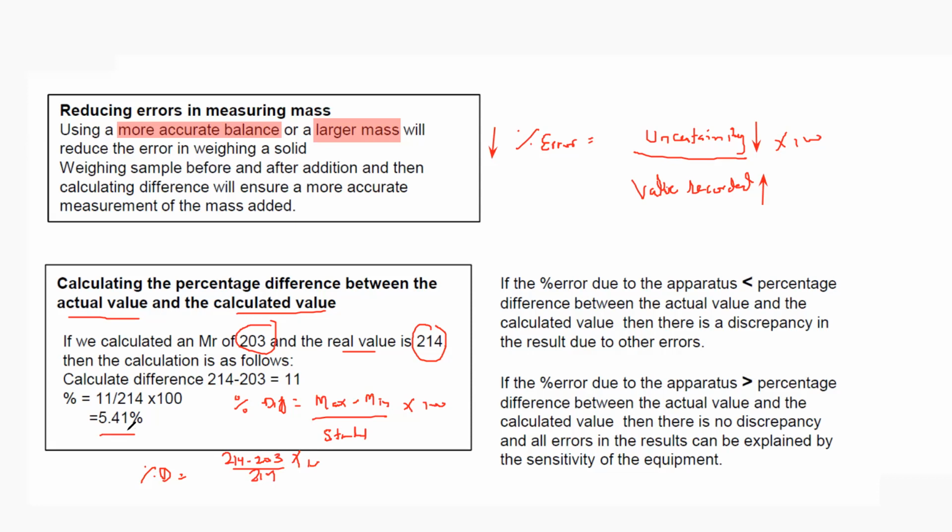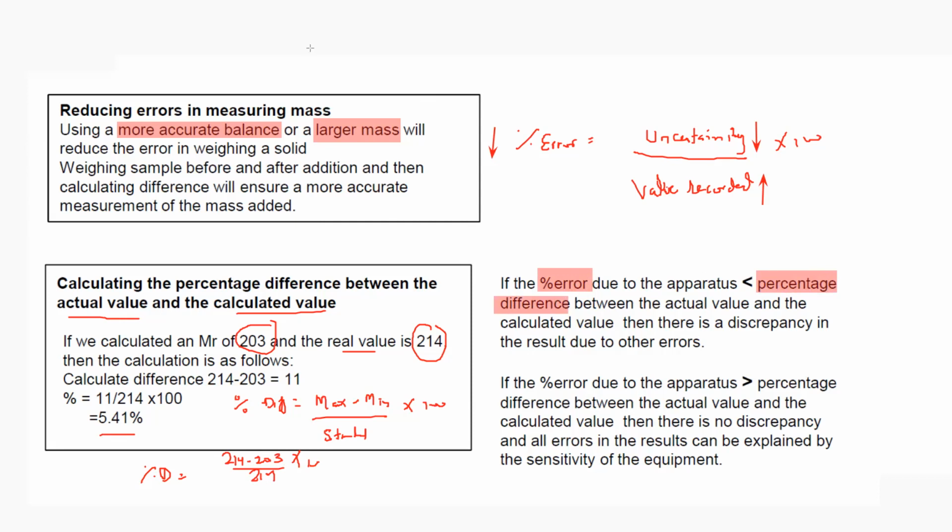Then how do we know whether our experiment is accurate? We will compare two things: the percentage error with the percentage difference. Using the apparatus will have a percentage error.